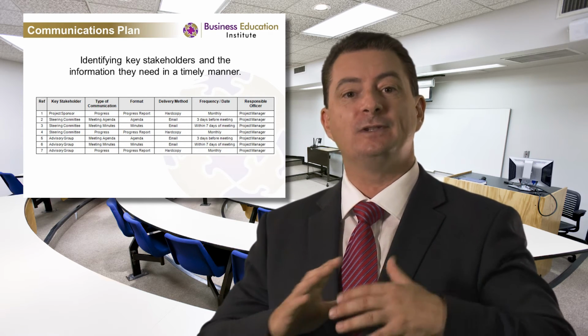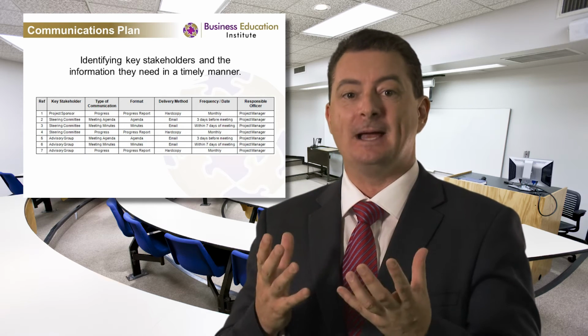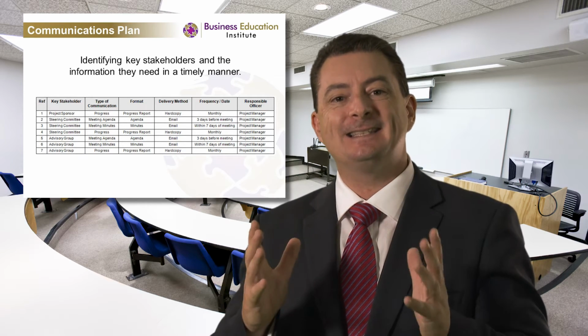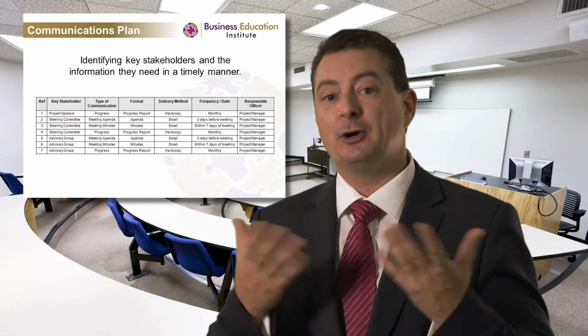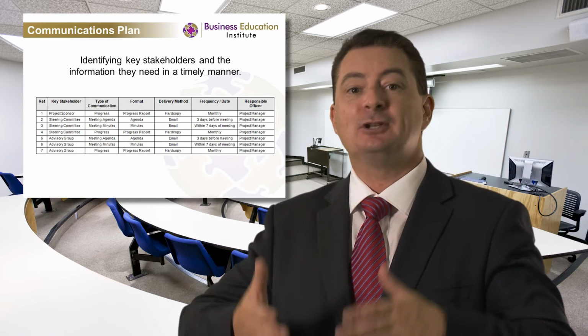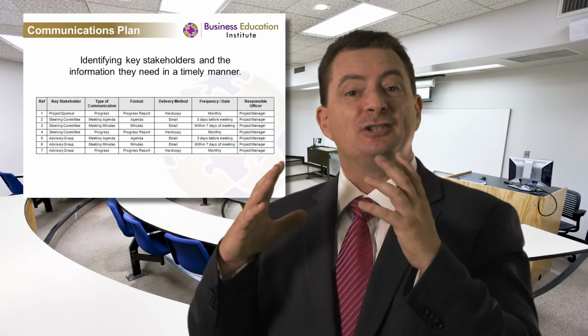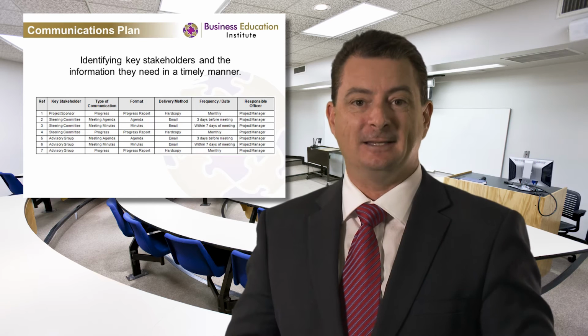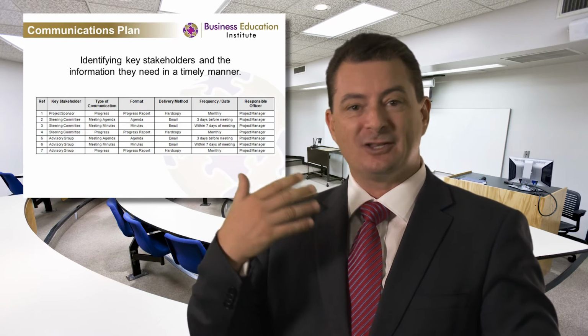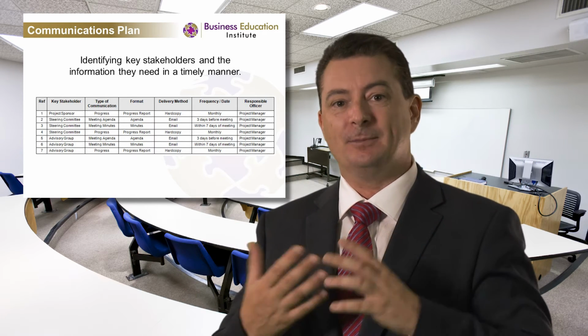A stakeholder is involved or input or impacted by a project, whereas a key stakeholder has the ability to influence it. For example, the project manager is a key stakeholder, the project sponsor is a key stakeholder. In fact, the project team are all key stakeholders because if they don't do their job, the project gets impacted. But I might have other key stakeholders like the media or community groups, etc.